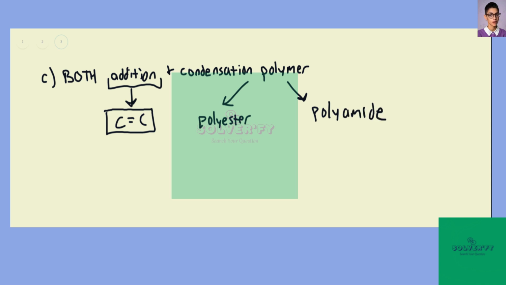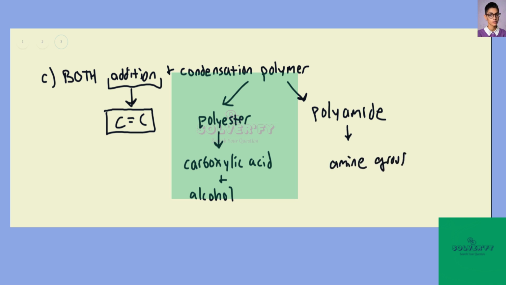Now, if we're going to form the polyester, then we need to have an alcohol and a carboxylic acid functional group. And if we want to form the polyamide, we need the amine group and the carboxylic acid.